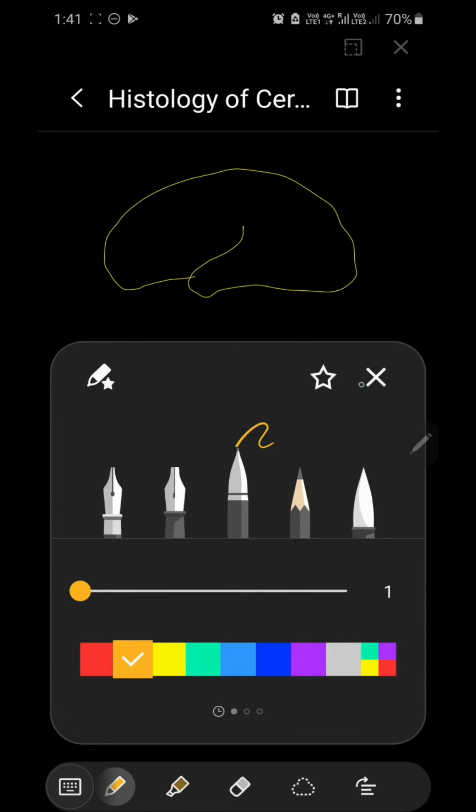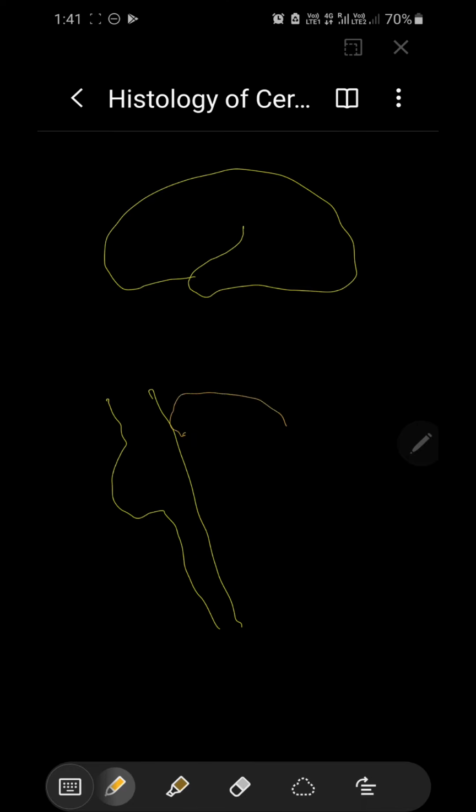And this you're seeing is the cerebellum. Here you have the vermis, and from the vermis there are sulci radiating out like this.